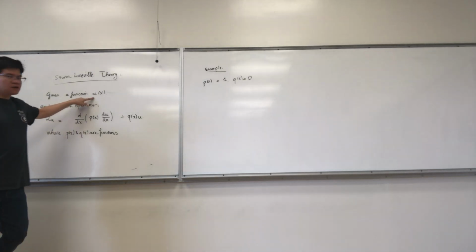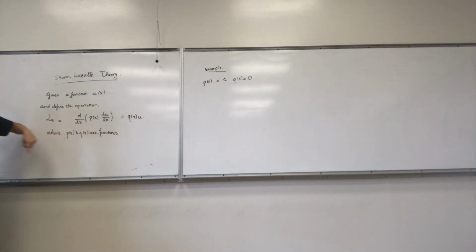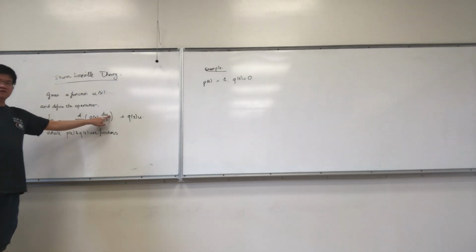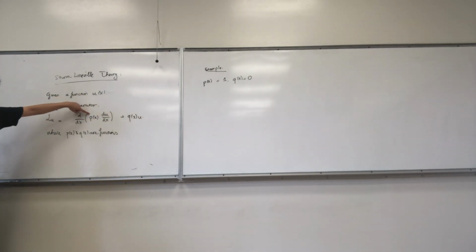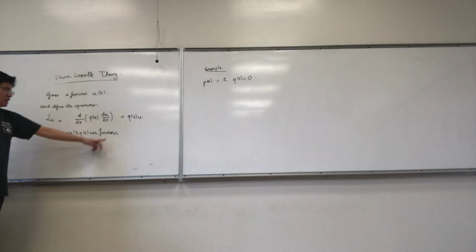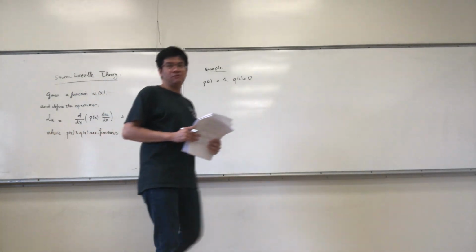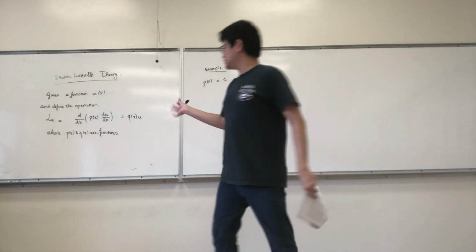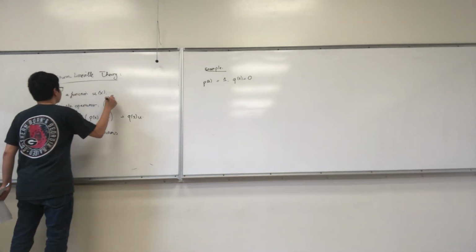So you have a function u, right? So you define the operator or the action on u as follows. You take the first derivative in x, you multiply this with a function p, and you take again the derivative in x. P is given, and then you add everything with q(x) u, right? So this is the Sturm-Liouville operator.